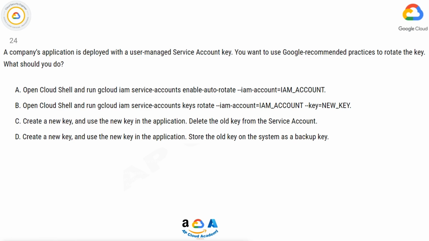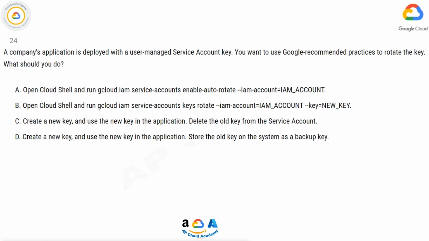24. A company's application is deployed with a user-managed service account key. You want to use Google recommended practices to rotate the key. What should you do? A. Open Cloud Shell and run gcloud iam service-accounts enable-auto-rotate with the IAM account. B. Open Cloud Shell and run gcloud iam service-accounts keys rotate with the IAM account and the new key.